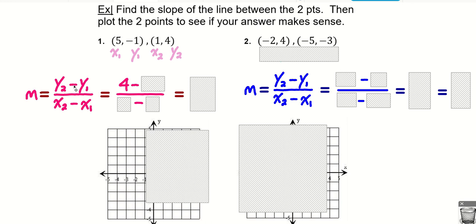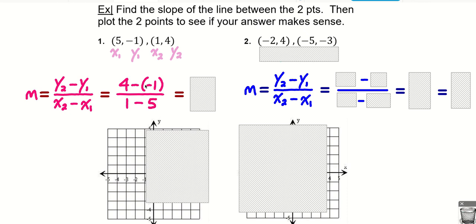This is really important to understand and notice: there is a minus built in to the formula. Now y1 is -1. So the top here ends up saying 4 minus a -1. On the bottom, x2 was 1, x1 was 5, and so this is what we end up with.